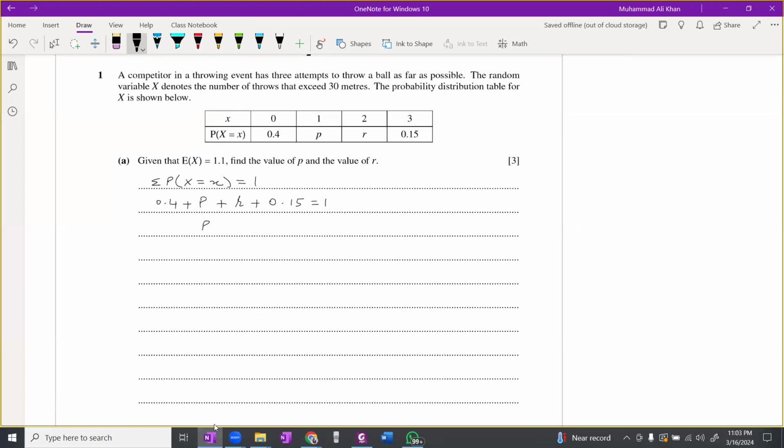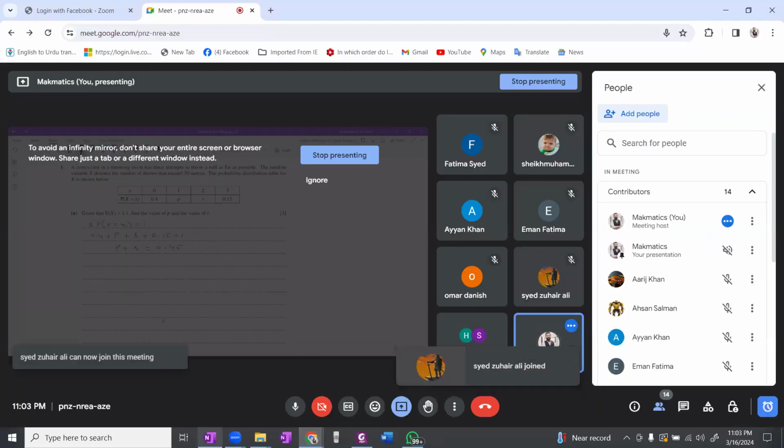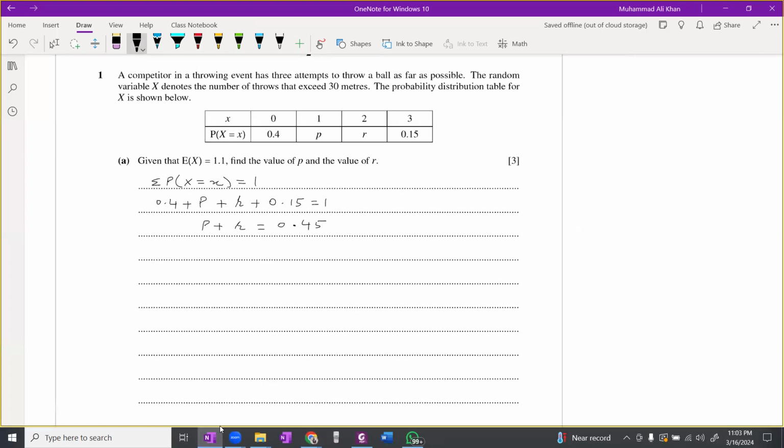According to this, P plus R equals 0.45. With the summation of all probabilities equal to 1, we made one equation.